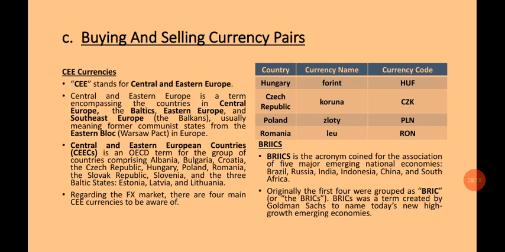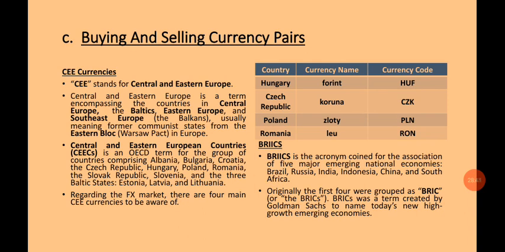CEE currencies. CEE stands for Central and Eastern Europe. Central and Eastern Europe is a term encompassing the countries in Central Europe, the Baltics, Eastern Europe, and Southeast Europe, the Balkans, usually meaning former communist states from the Eastern Bloc. We call it the Warsaw Pact in Europe.